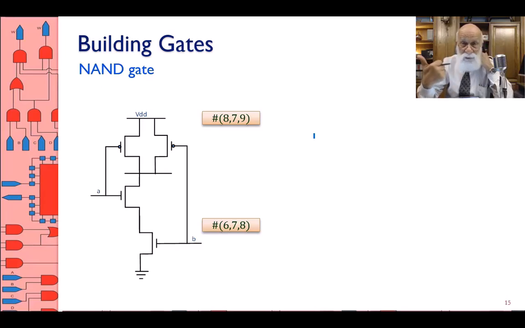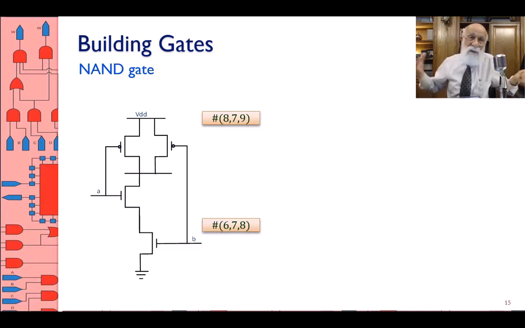8 is to 1, 7 is to 0, 9 is to Z. The lower transistors have 6, 7, 8, again to 1, to 0, to Z for the NMOS, and the PMOS is the upper one. So I'm not saying this is a NAND gate yet. Let's just say, well, this is a structure. The previous structure had only one pull up, one pull down.